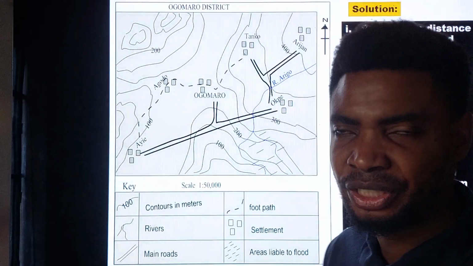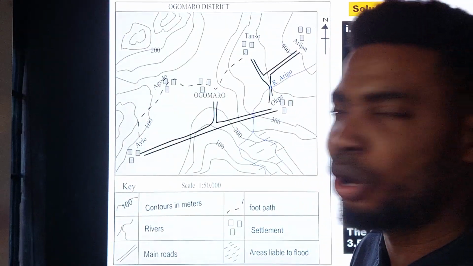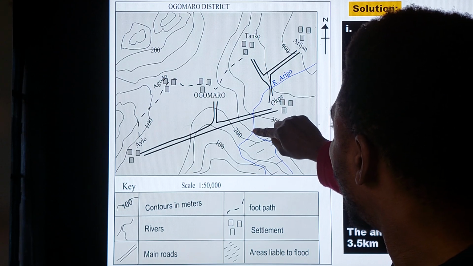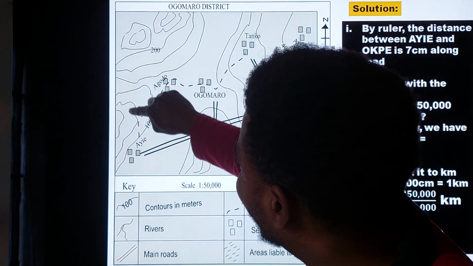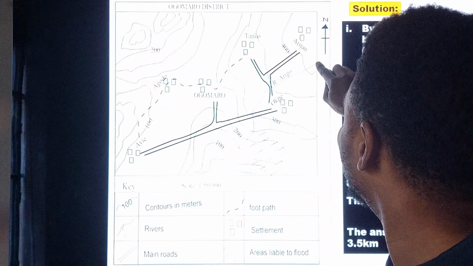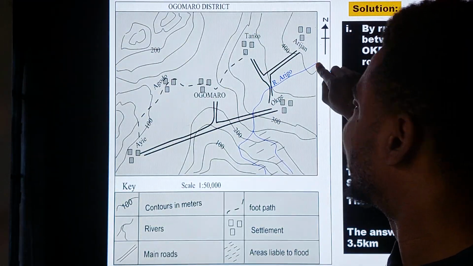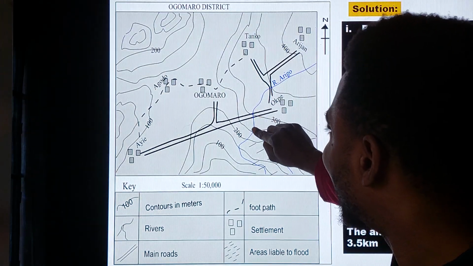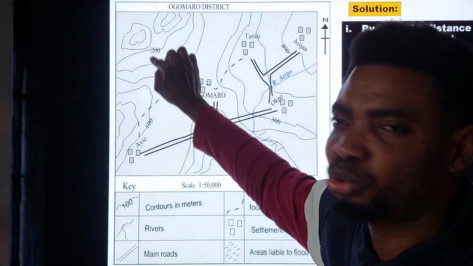Let's assume, for instance, River Arigo comes like this, and then goes like this again to the northwest. It starts from the northeast here and comes towards the south and then takes a turn back to the northwest.